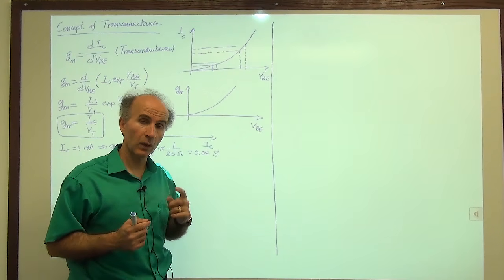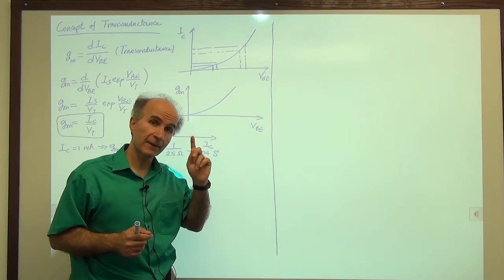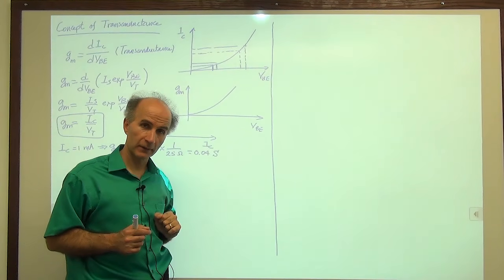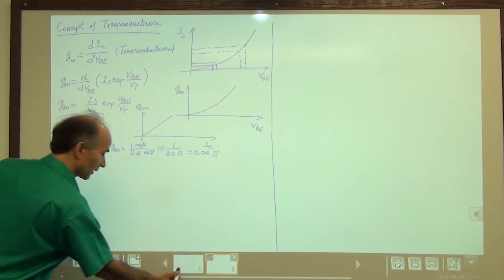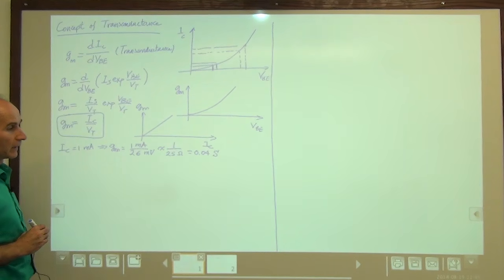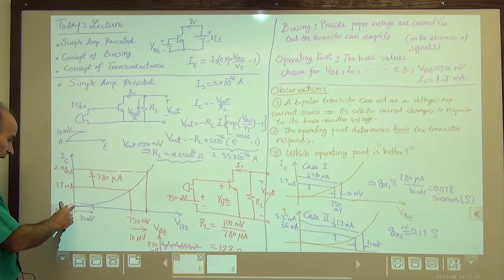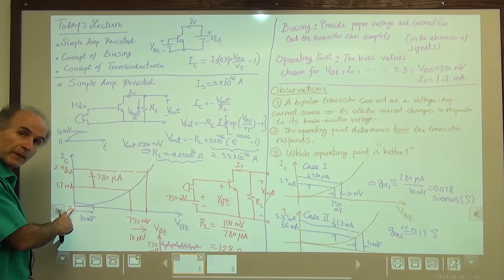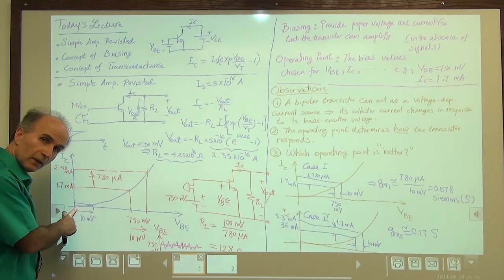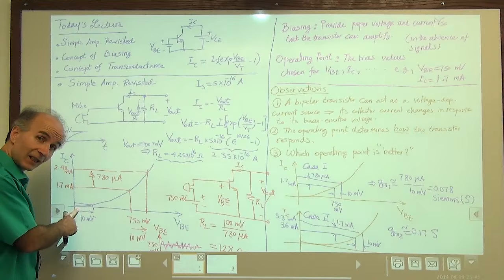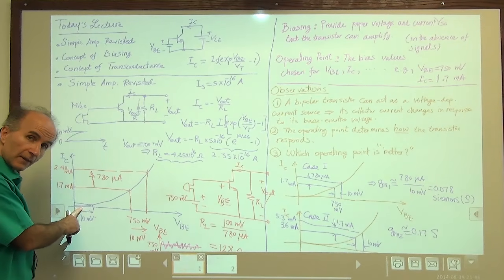Now, this tells us why our very first simple amplifier failed. Our very first simple amplifier, which we had here, failed because we're down here. How much is the transconductance of the transistor down here? Well, we started out with 0. When VBE is 0, IC is 0.